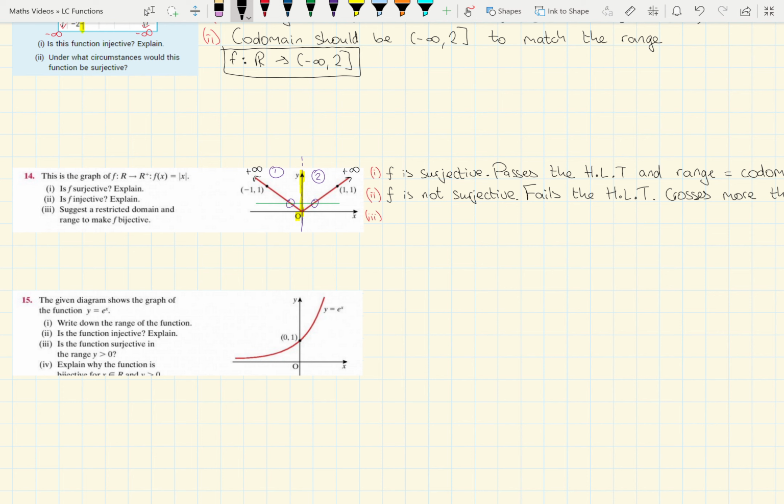So what we're going to write there is that we need to restrict our inputs, so our domain, to minus infinity, 0, because we know our x-axis here keeps going to minus infinity, stops at 0, and goes from 0 then to plus infinity.